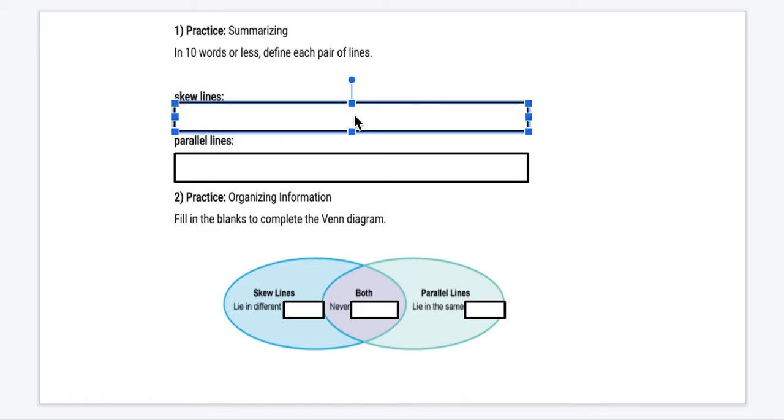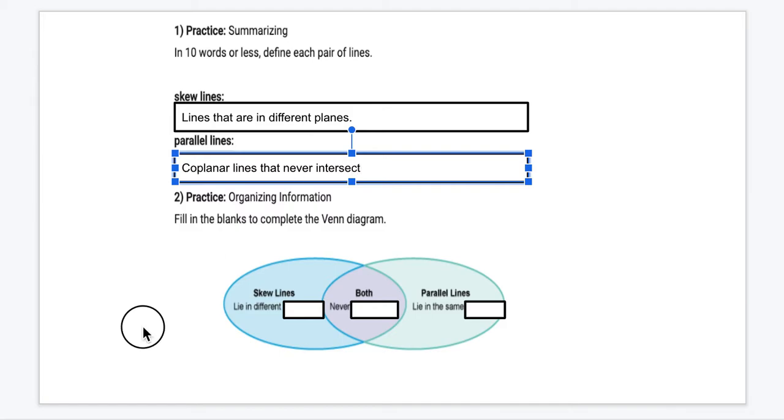For skew lines, they're lines that are in different planes. And then for parallel lines, they would be coplanar, but they never intersect, so they're on the same plane. So coplanar lines that never intersect. And that's really the key difference between skew lines and parallel lines, is that skew lines are not coplanar and parallel lines are coplanar, and they never intersect.